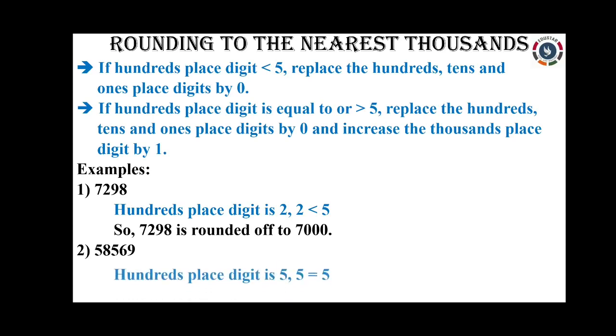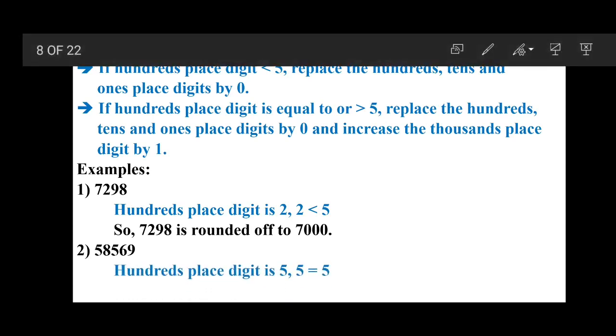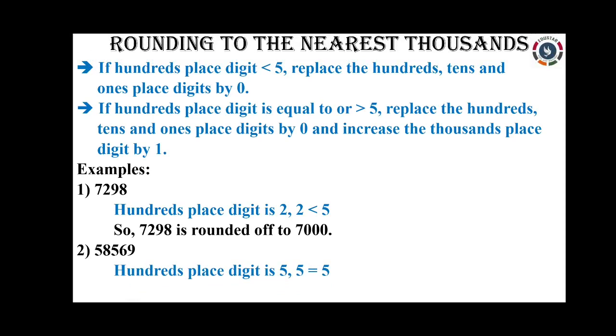So, the answer is: 58,569 is rounded off to 59,000.